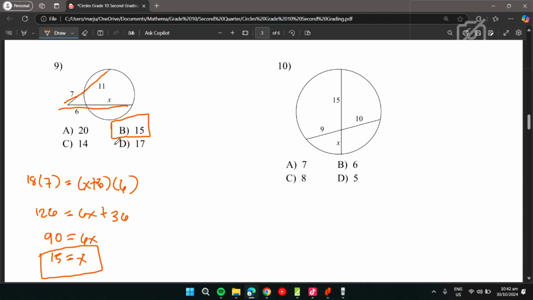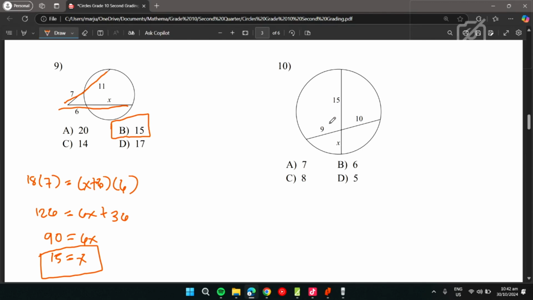Alright, let's do 10. What about number 10? Again, yung number 10, this is now a chord. So, ang chord natin is the product of the parts is just equal to the product of the parts. Alright, I'm seeing letter B, B, B. Yung iba, what do you think? Alright, let's solve natin.